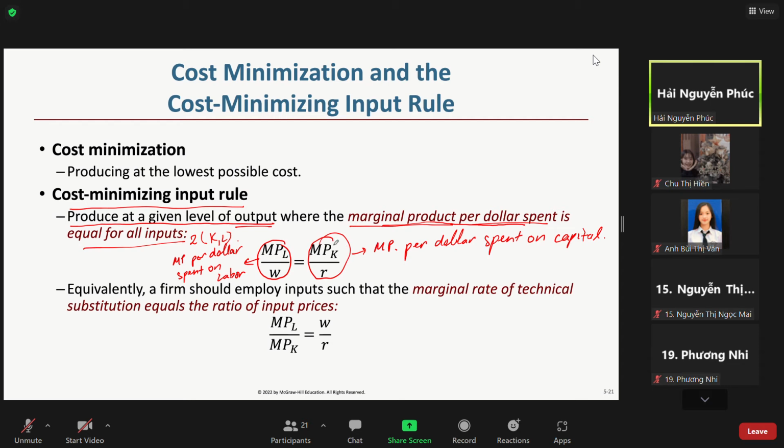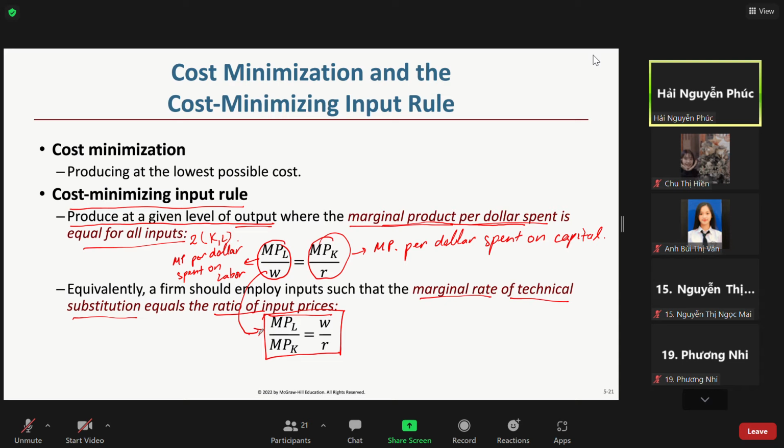Sorry, it is a marginal product per dollar spent on capital, right? If we rearrange this equation, we are going to have this one. And once again, it is quite intuitive. It tells us that the marginal rate of technical substitution should be equal to the ratio of input prices.